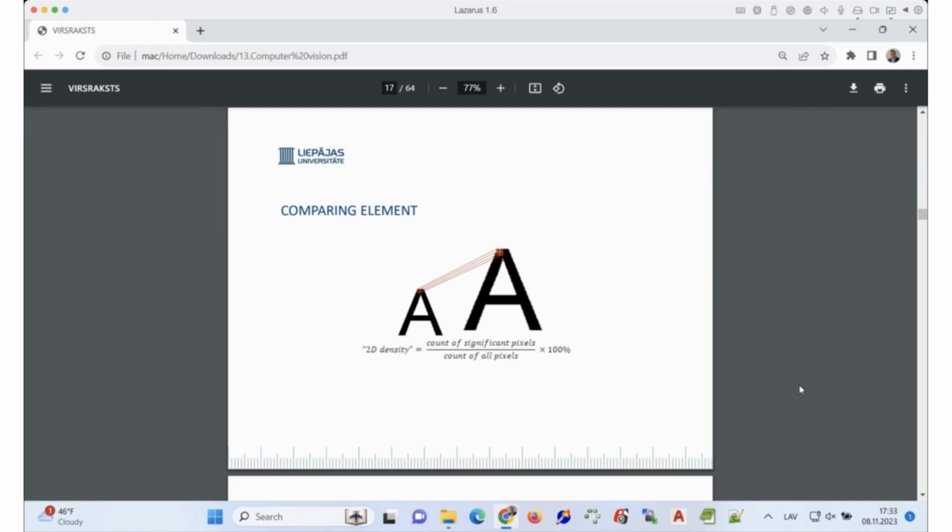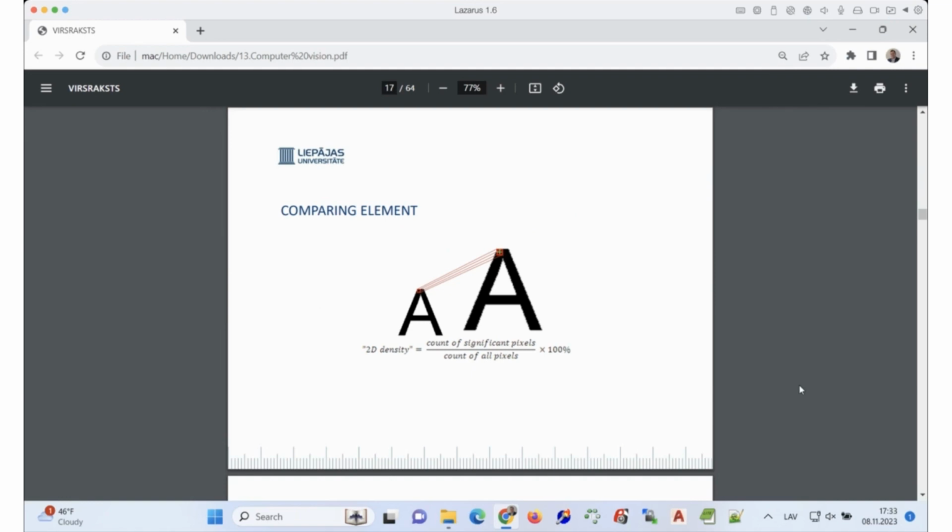We count how many of those pixels have the color of the symbol, in other words, how many are black. We found 4. So the density for that area is 4 divided by 4 multiplied by 100%, so it's 100%.